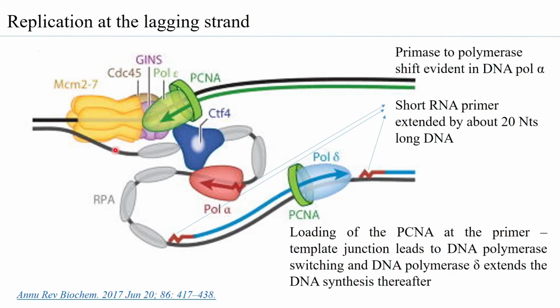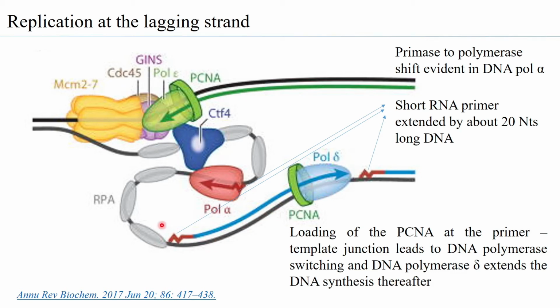So now, what we have learned from here is that the lagging strand, through the similar trombone model structure, is synthesized in fragments. So every fragment that is formed should have a primer, and these fragments are discontinuous and they are the Okazaki fragments.